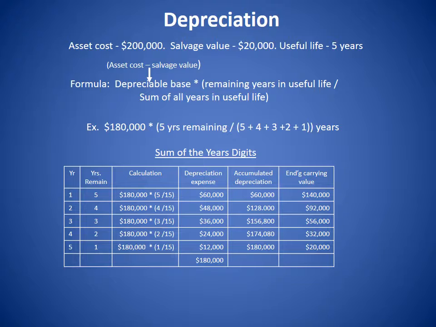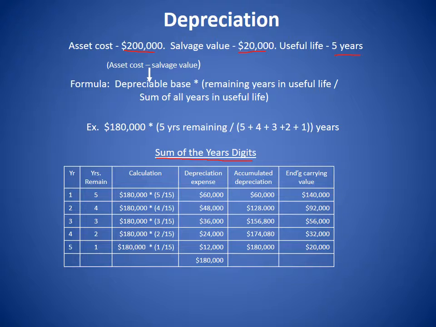Okay, now let's take a look at the depreciation methodology for sum of the year's digits. We're going to use the same asset facts: $200,000 asset cost, $20,000 salvage value, useful life of 5 years.